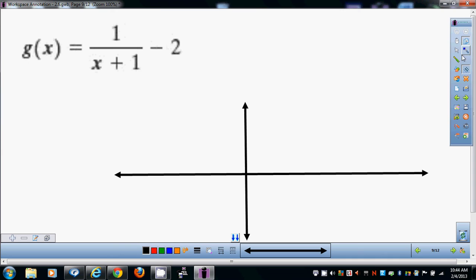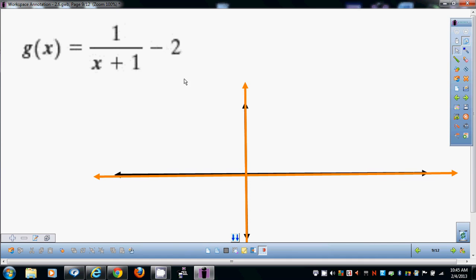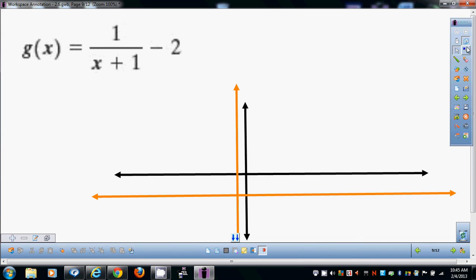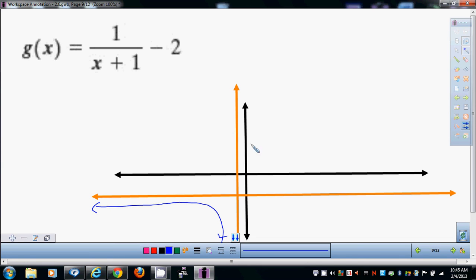So I'm just going to take my asymptotes, shift it left 1, shift it down 2, and now I just graph my parent around those. It's obviously not supposed to curve out like that, but whatever. And all I really need to see is that you've shifted it correctly and then the general shape.